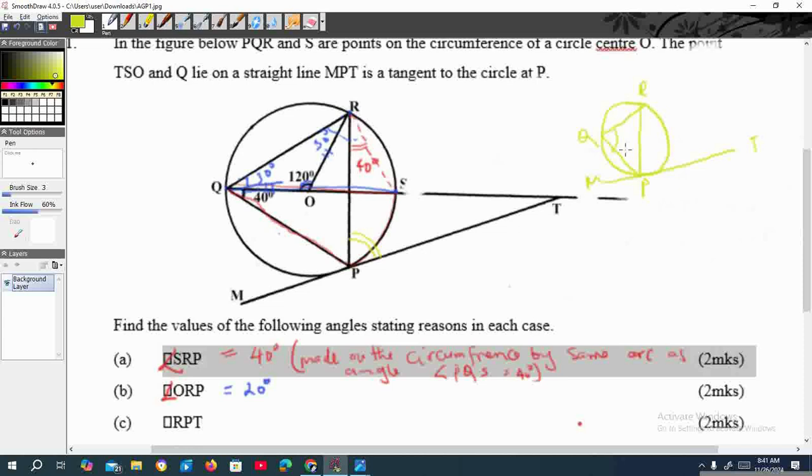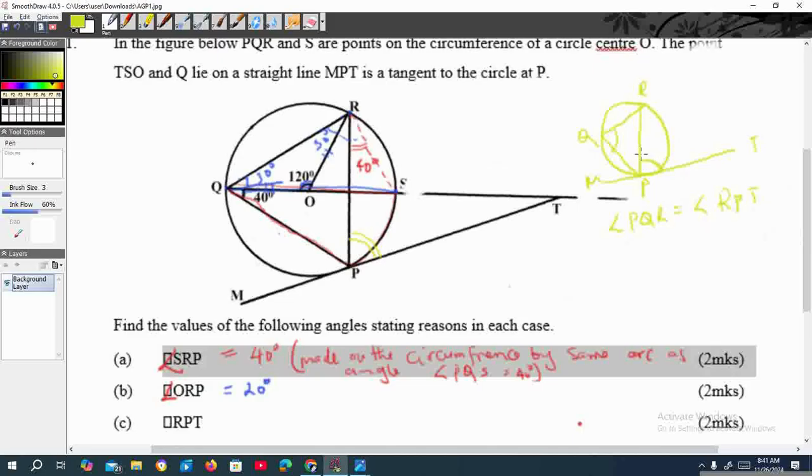This angle is related to this angle. So angle PQR will be the same as angle RPT. Angles subtended on alternate segments of a circle by the same chord.